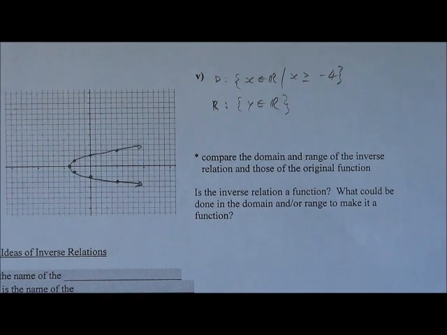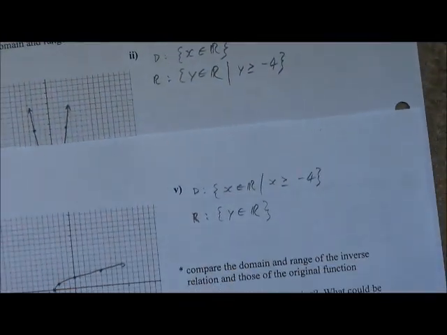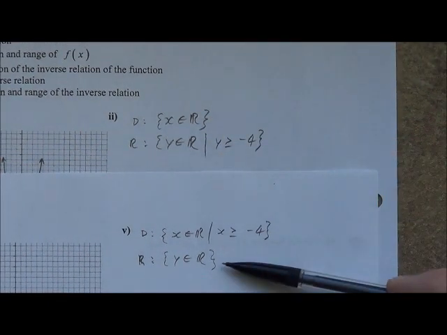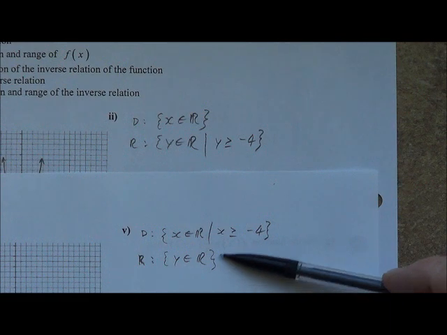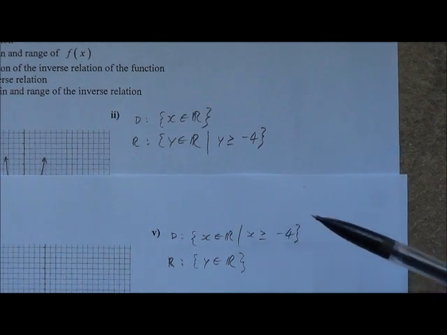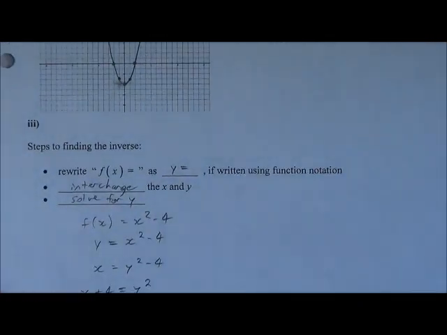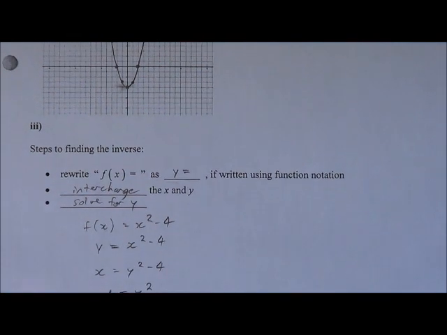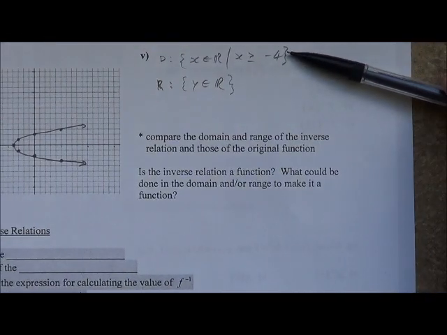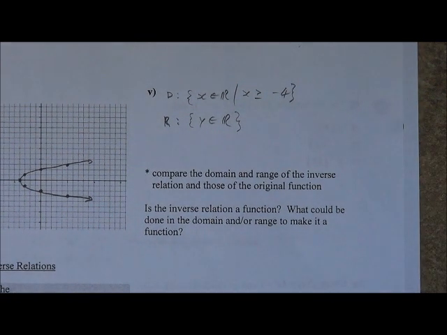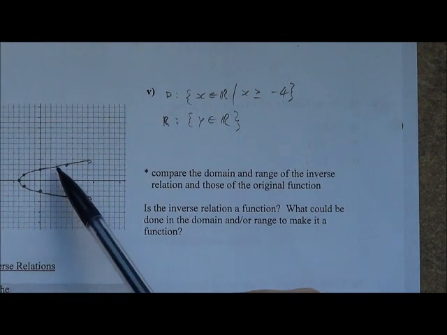But actually, what might even be better is if you compare the domain of the original with the range of the inverse function, and the range of the original with the domain of the inverse function. Remember that the x and y values in our steps here are interchanged, therefore the x and y's, or the domain and range, will also be interchanged.